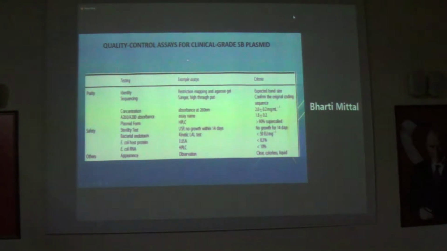So now we have the vehicles to incorporate these epitopes or peptides into the lentiviral vectors. We have the plasmid, and even our plasmid should be of clinical grade. For that also we have a quality control process that should be performed before releasing them. We have to check the purity, identity, safety and others.